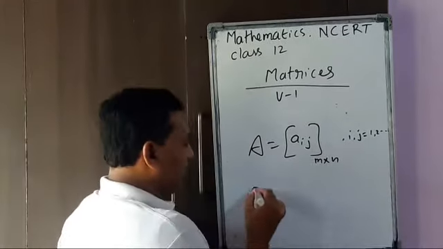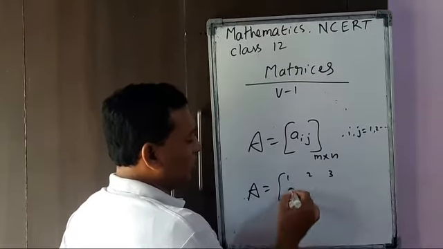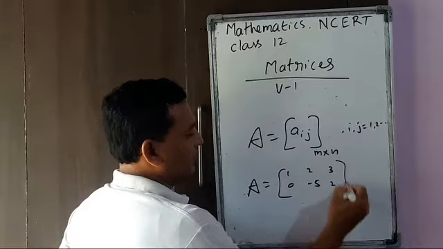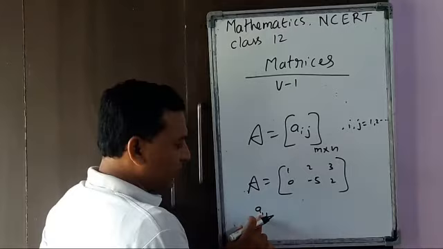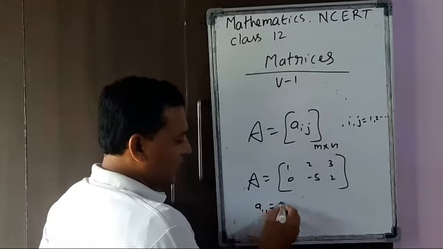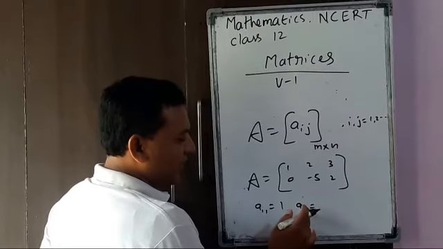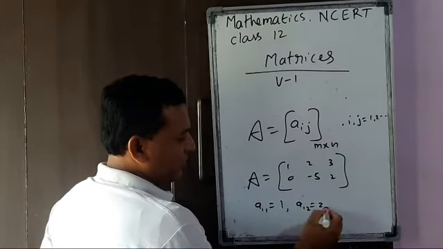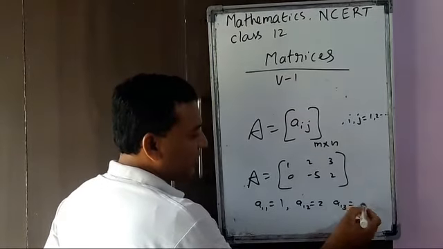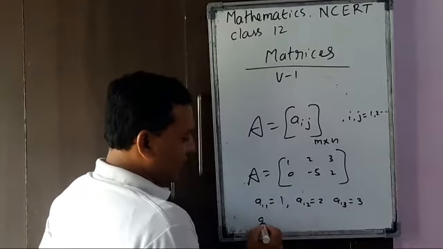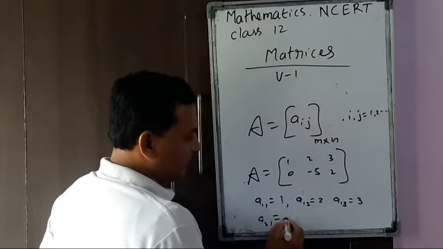For example, if this matrix is 1, 2, 3, 0, minus 5, 2, here A11 represents the element in the first row and first column, that is 1. A12 represents the first row, second column, that is 2. A13 represents the element in the first row, third column. A21 is second row, first column, that is 0.